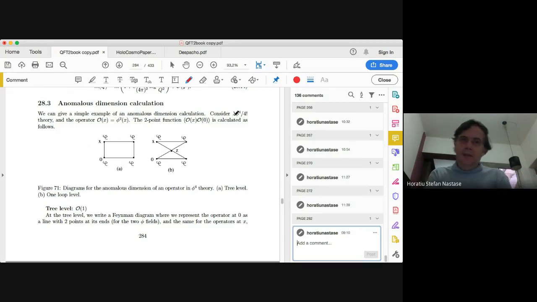Let's consider our standard phi to the 4 theory in 4 dimensions, where lambda, the coefficient, is dimensionless. And let's consider the simplest composite operator possible, which is just phi squared at point x. And we want to calculate the 2-point function of this operator. That is to say, the vev of O at x with O at 0.